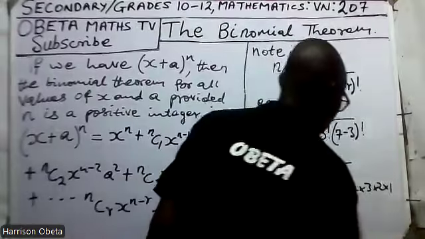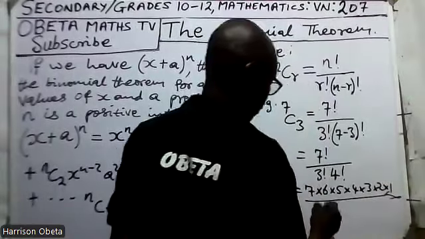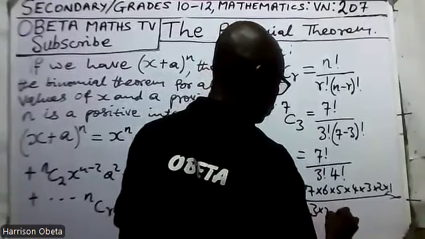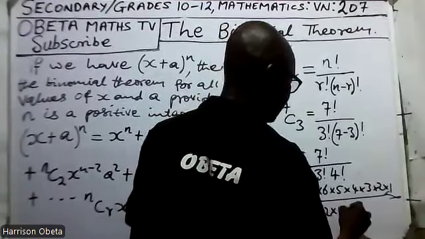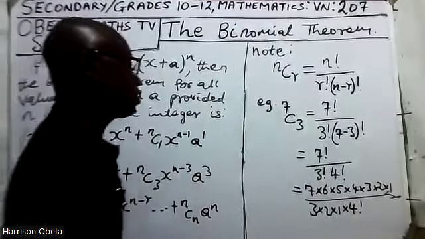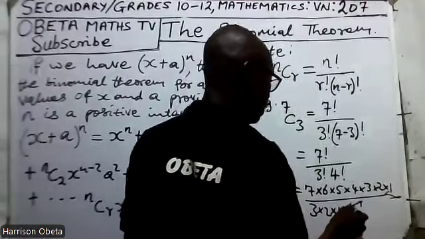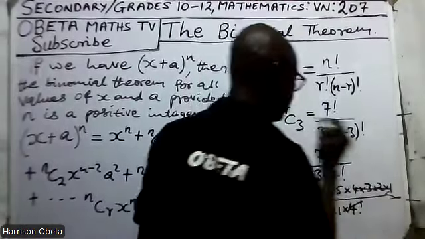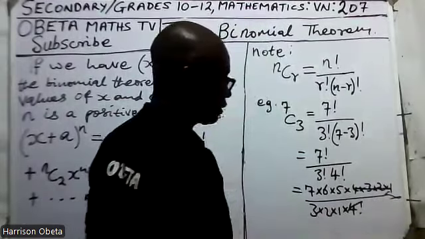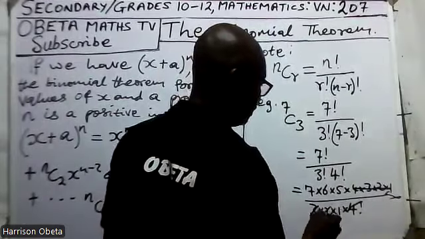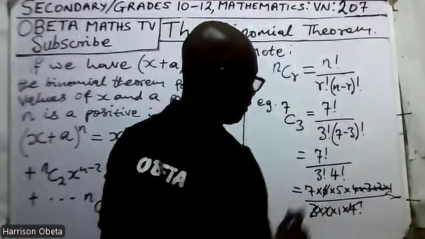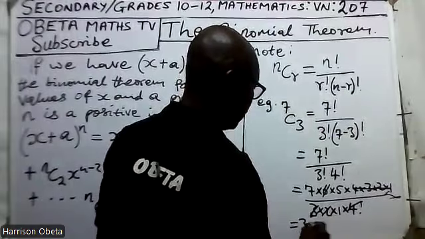So then you are dividing by 3 factorial, that's 3 times 2 times 1, then times 4 factorial. And if you check, you discover that 4 factorial will divide all this. Then again, 3 times 2 is 6. So we divide this, remaining 7 times 5, which is what? 35.